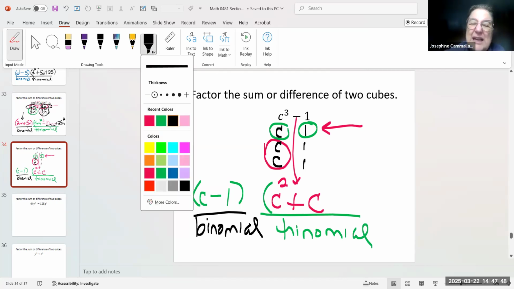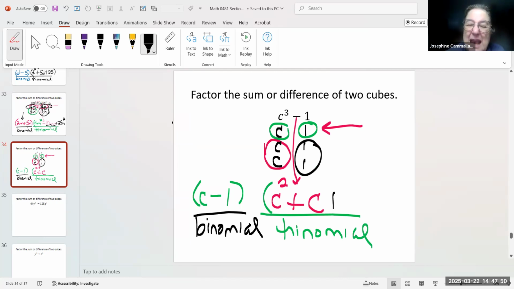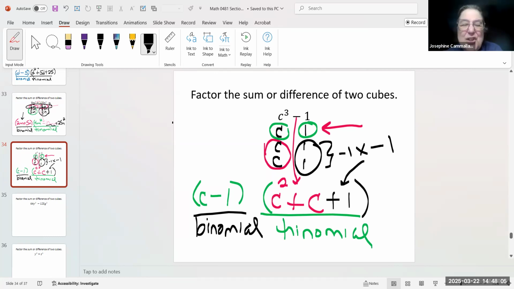And remember, these two are going to give me a positive 1, because even though I have 3 negative ones, negative 1 times negative 1 is still going to give me a positive. The last term is always positive.